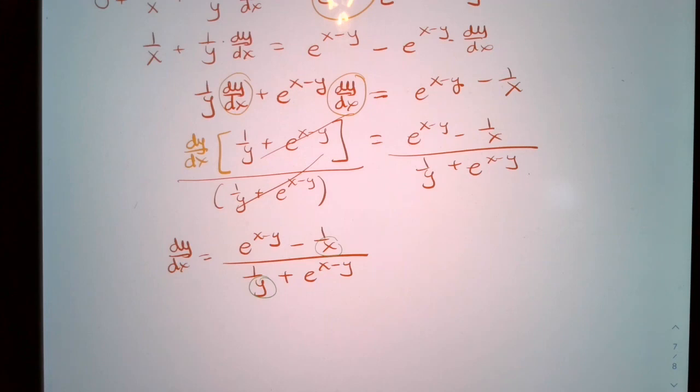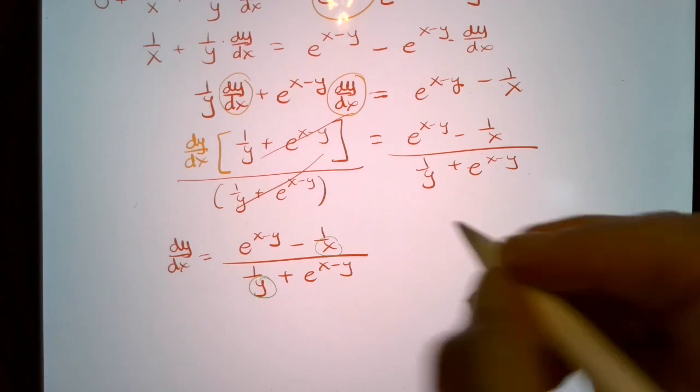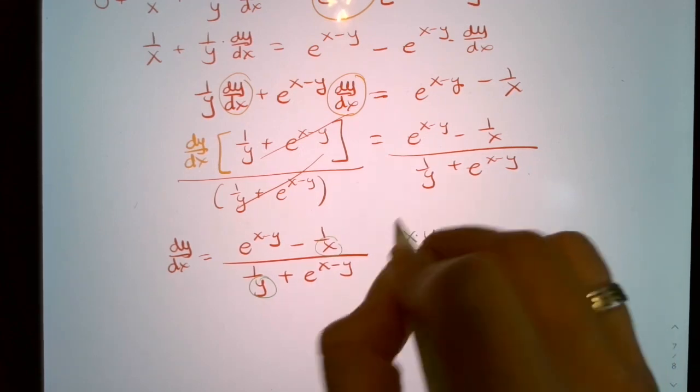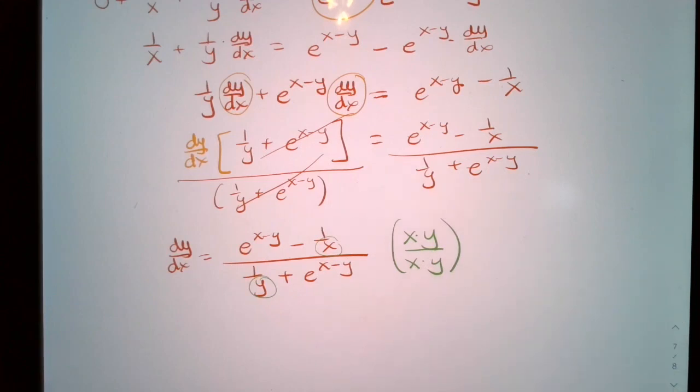And remember, you can always multiply an expression by 1 and not change its value. So I'm going to multiply everybody by x times y. That's a really creative way of writing 1. If 5 over 5 is 1, well then xy divided by xy is 1. I'm choosing that to make my life easier.